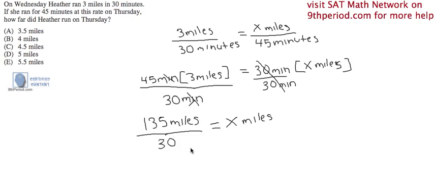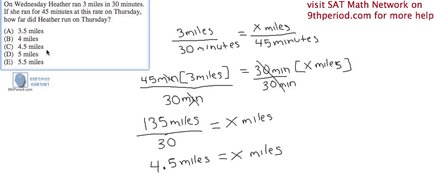So when we divide 135 by 30, we're going to get 4.5 miles. And that's equal to x miles. So our answer is C, 4.5 miles.